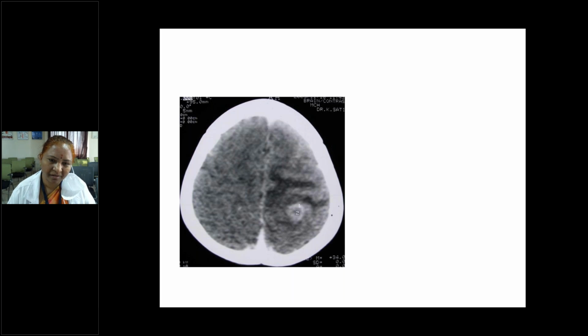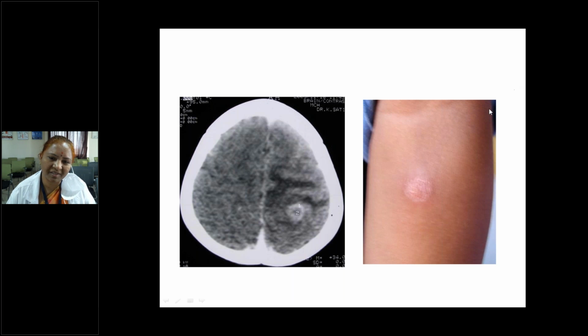Left side. So most probably neurocysticercosis or tuberculoma. There is an associated Mantoux reaction. We think of it as tuberculoma with the history of contact. Without any history of contact, Mantoux negative. Sometimes we can see a scolex in the ring enhancing lesion, which suggests neurocysticercosis.